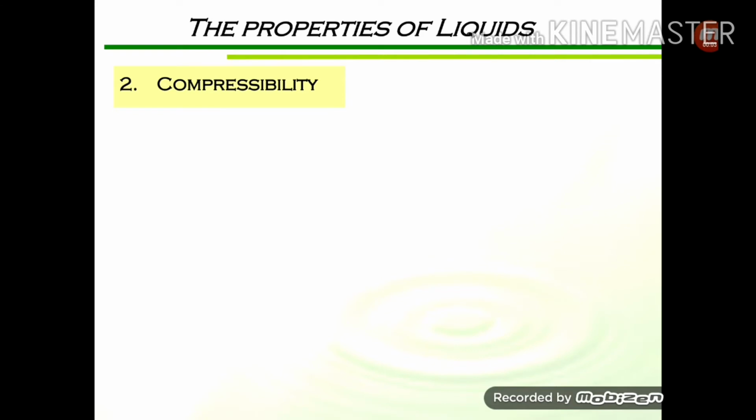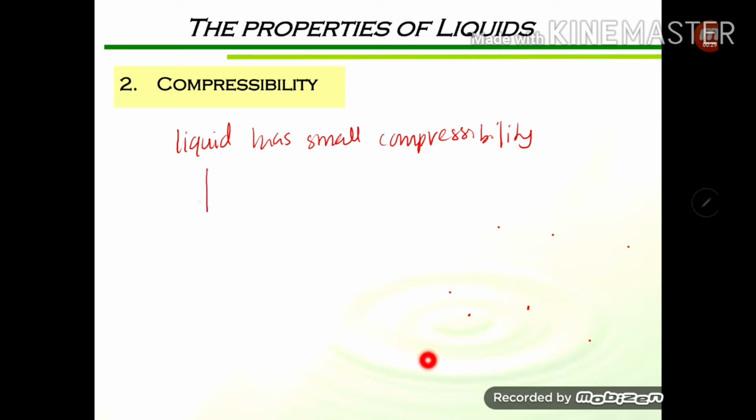Okay, from the video, we can see that liquid has small compressibility compared to gas, because the liquid particles are closely packed together and the liquid's molecules have very little space between them.